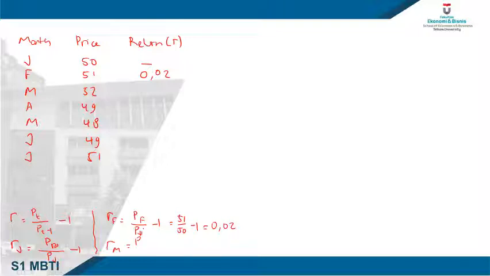So for March it is March divided by February, minus 1. So it is 52 divided by 51 minus 1. It is again about 0.02. Am I correct? Yeah, almost the same, 0.0196 actually.